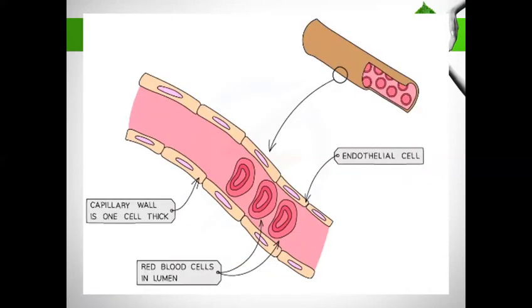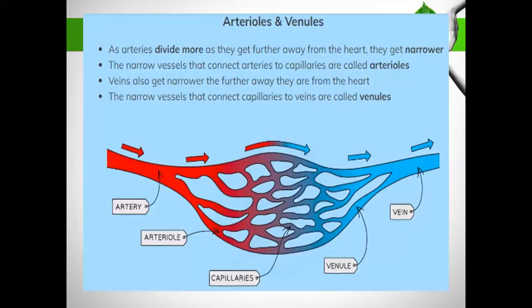Now you can see here the capillary wall is one cell thick. And the red blood cell in humans, you can see that these walls can easily take up the oxygen and nutrients. Now arterioles and venules, as I've already told you, when an artery moves towards the tissues, it splits into a very fine network of blood vessels. This is called the arteriole.